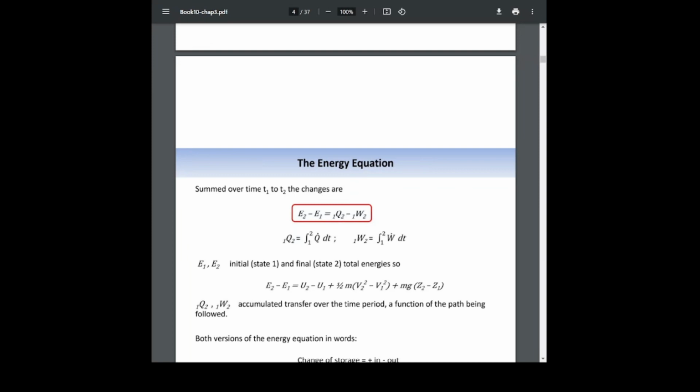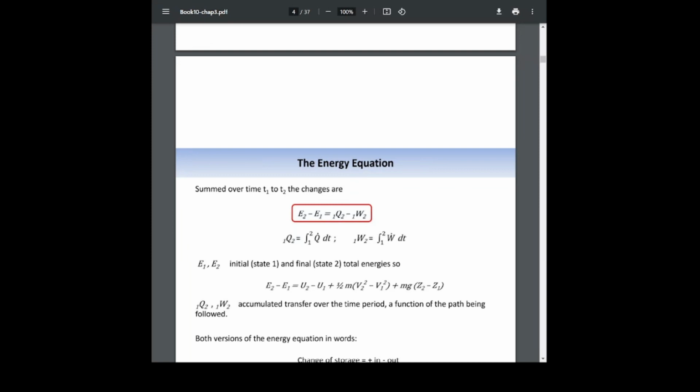And that's just the difference between the total heat coming in minus the work being performed, or the work out, if you want to say it that way. The Q comes from the integration of the rate of heat coming in, and the total work is just the integral of the rate of the work being done or going out.